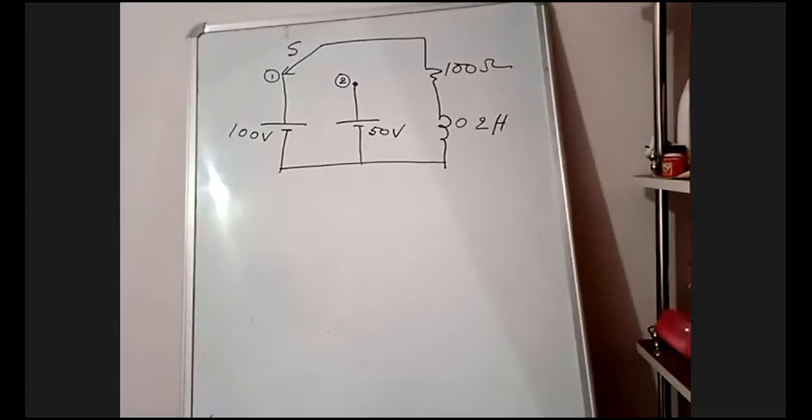This is the second problem in the series RL circuit, the transient series RL circuit. Draw the circuit. I will explain the question.